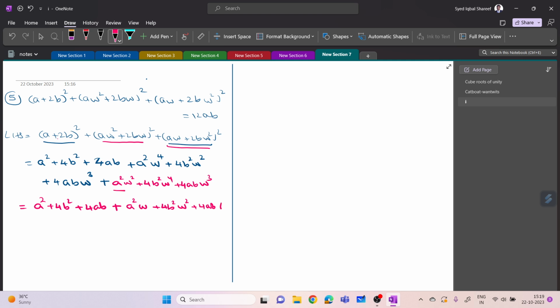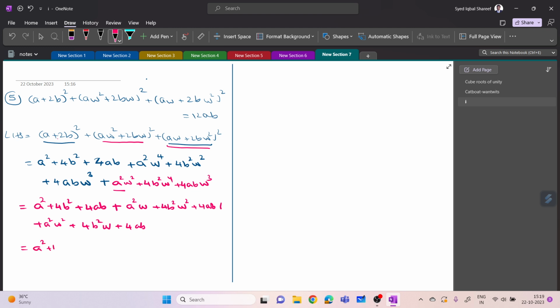Now this part. A square omega square plus 4b square. Omega to the power of 4 is omega cube into omega is omega. So this is omega plus 4ab. Omega cube is 1. Now see here.